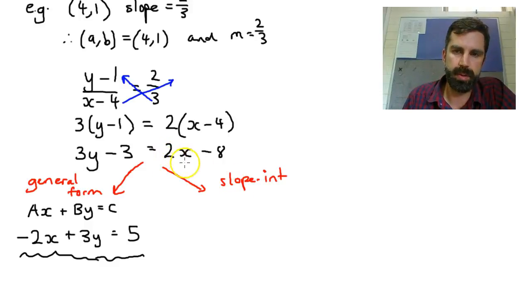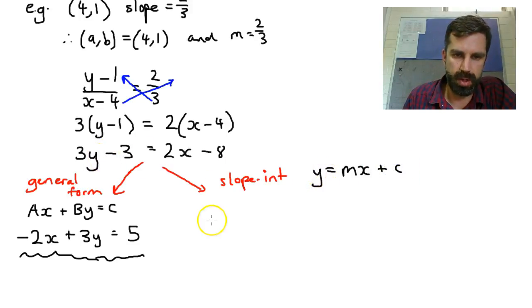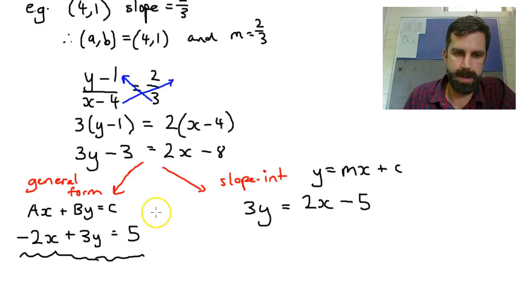If we want to get slope-intercept, it has to be y equals m, so some number times x, plus c. So what I need to do is just get the y by itself. I'll do that in 2 steps. First of all, I'm going to get rid of this negative 3, so I'm going to add that to the other side. So it's going to be y equals 2x, and that will be minus 5. Now I apologize, this should be a minus 5 here as well, because we did the same thing, we added the 3 to the other side.